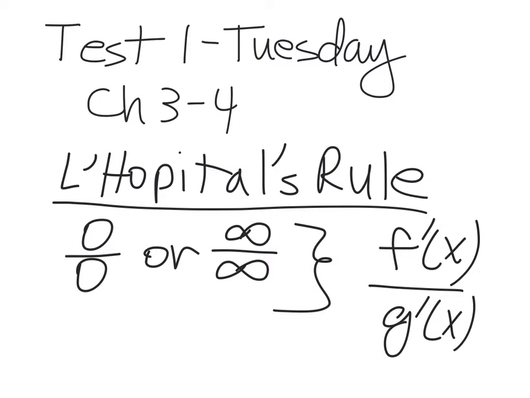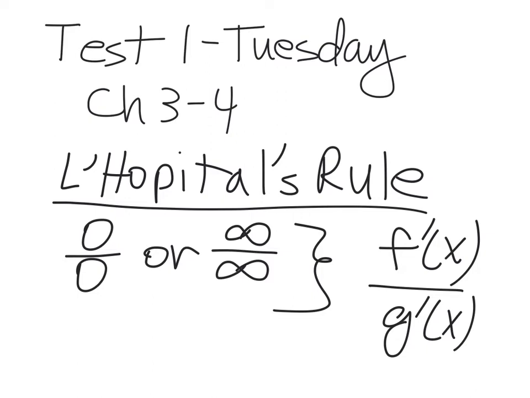Now notice this is not the quotient rule. It's just the derivative of the top function is the new top function. Derivative of the bottom function is the new bottom function. And then you probably have some algebra to do to rewrite and see, do we need to run through L'Hopital's rule again, or can we just plug in the number and get the limit?